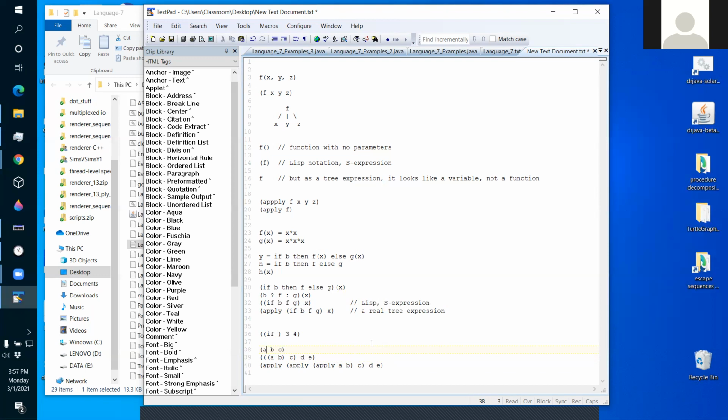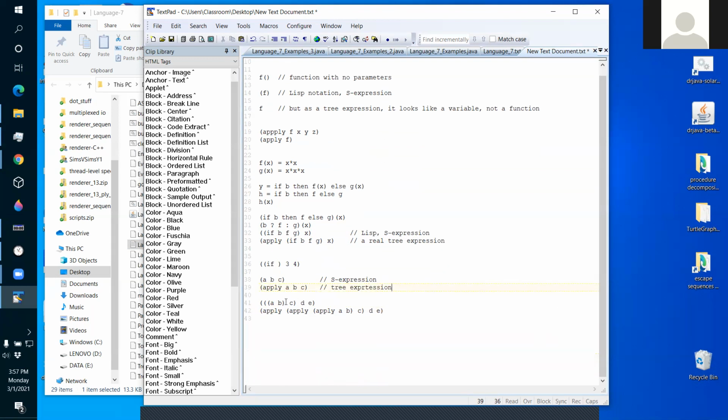Okay, and this one in our language would be written as apply A to B and C. Okay, so S expression, tree expression. Okay, turn it into a tree by using the keyword apply.